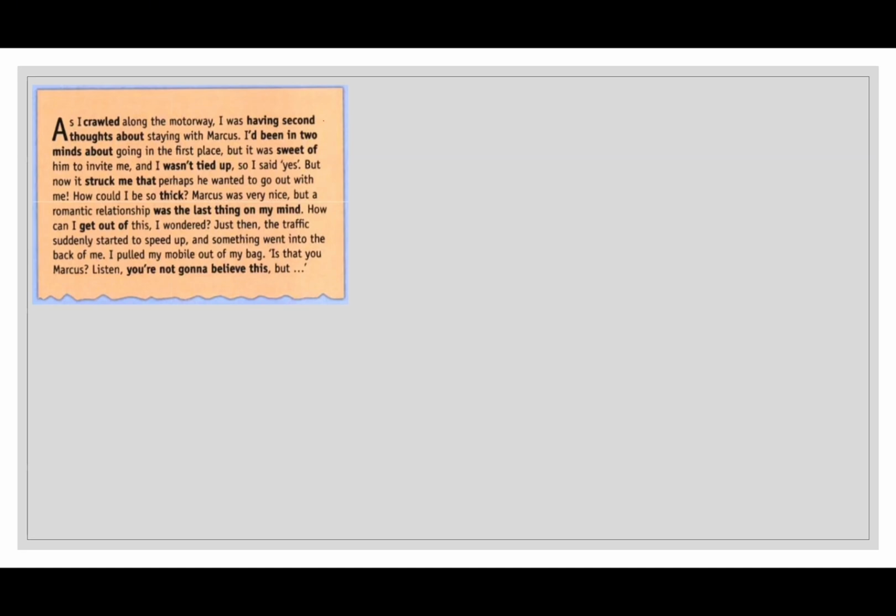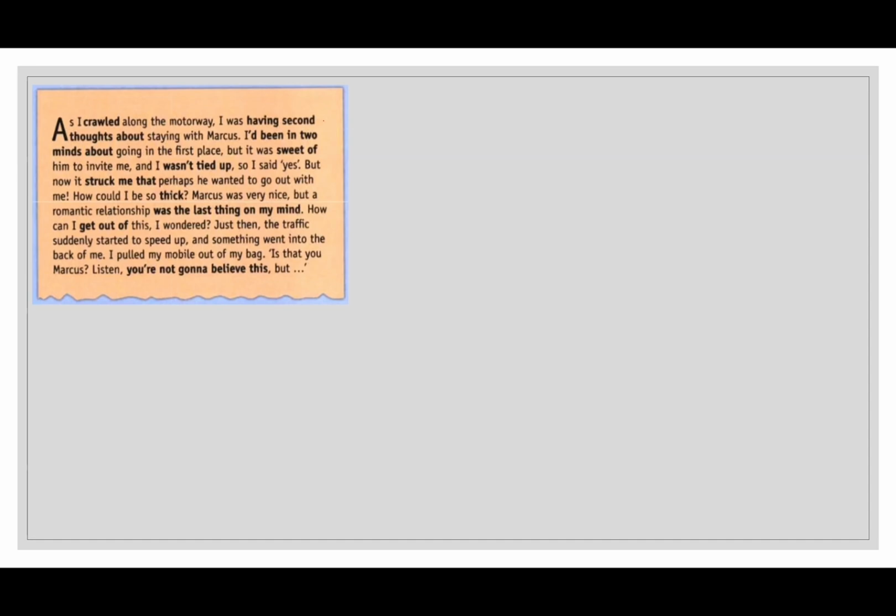But now it struck me that perhaps he wanted to go out with me. How could I be so thick? Marcus was very nice, but a romantic relationship was the last thing on my mind. How can I get out of this? I wondered. Just then, the traffic suddenly started to speed up and something went into the back of me. I pulled my mobile out of my bag. Is that you, Marcus? Listen, you're not gonna believe this, but... And the story carries on.